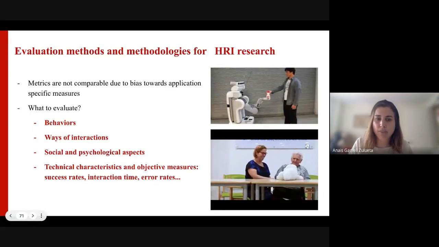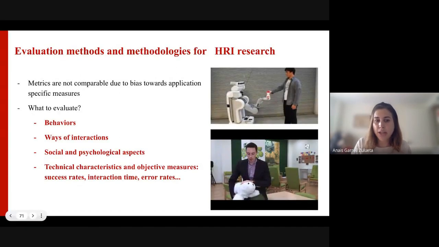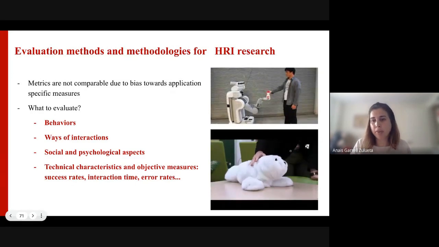Then there are social and psychological aspects that you should evaluate, and technical characteristics and objective measures like success rate, interaction time, error rates, and whether people want to repeat the experimentation or not.